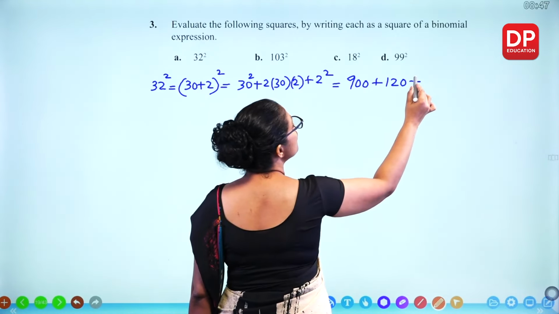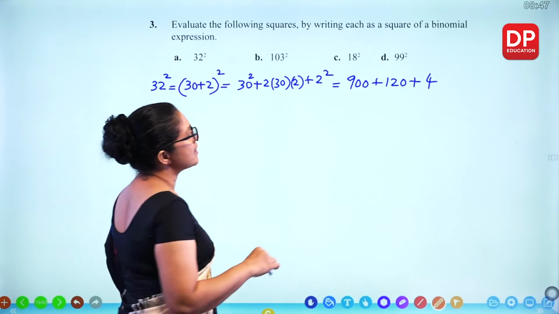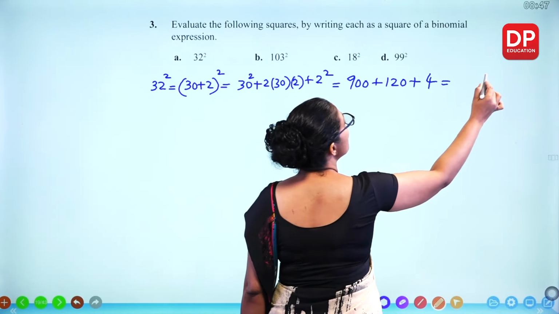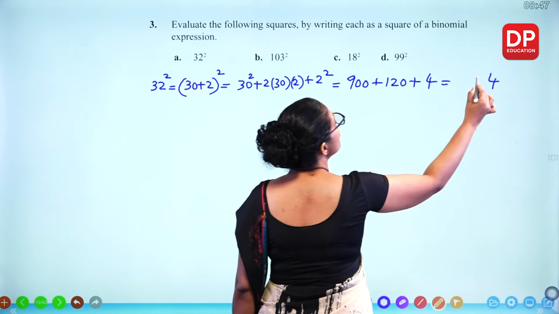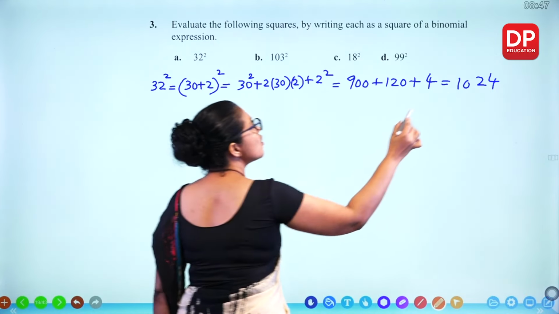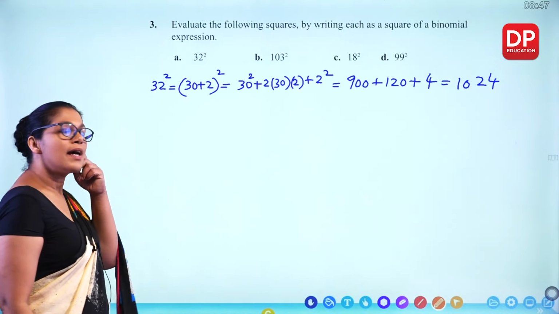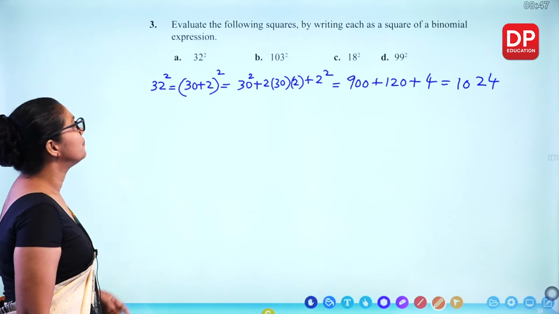And then 2 times 2, 4. When you add all these together, what you get? 1024. So 32 squared is 1024.